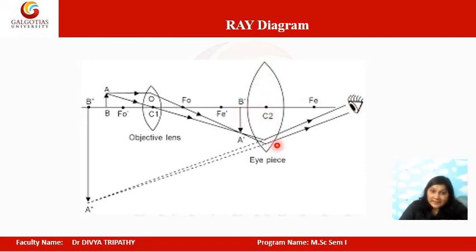Now this lens will create the image of A dash B dash behind the objective lens in a more magnified manner, and you will get a many times larger image of this AB over here. And this is how the compound microscope makes an image of the smaller objects.